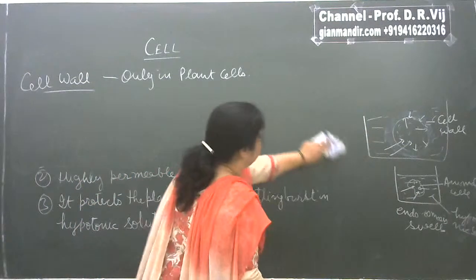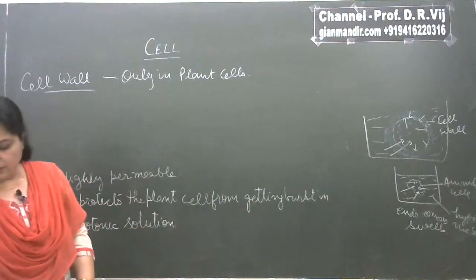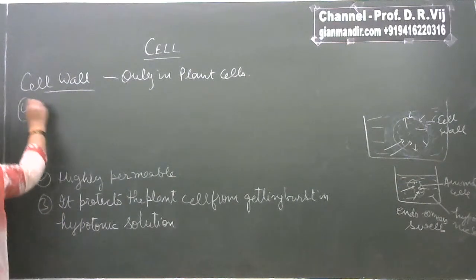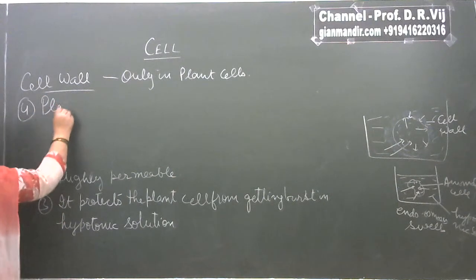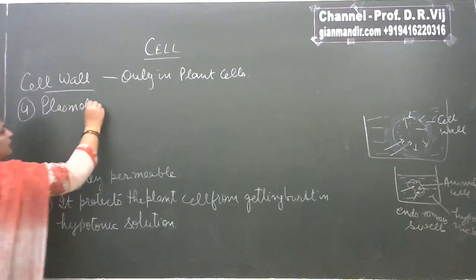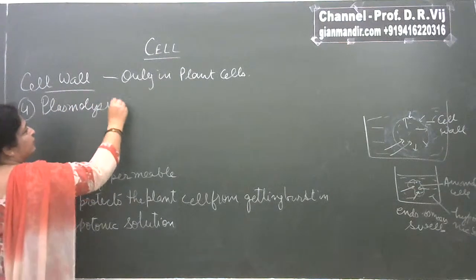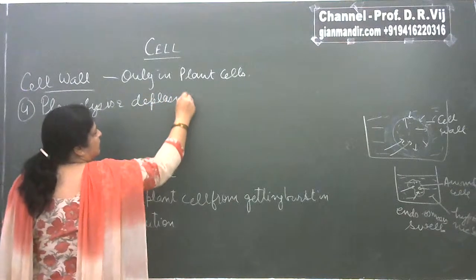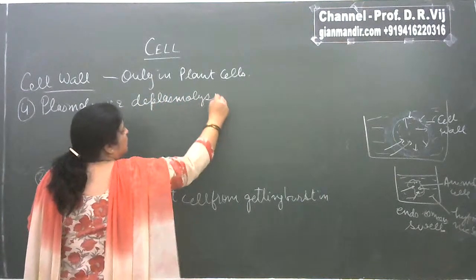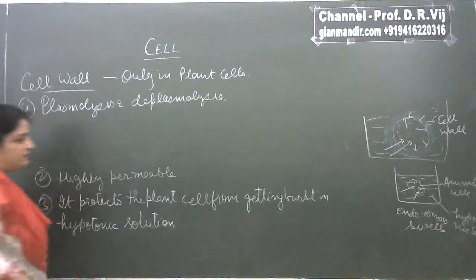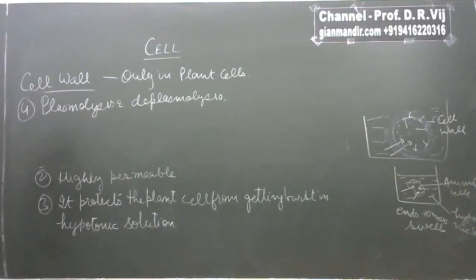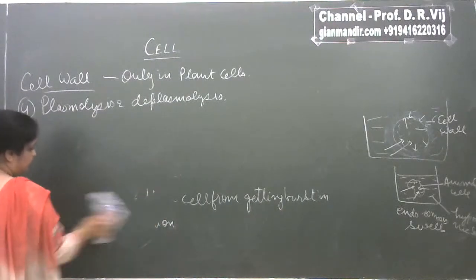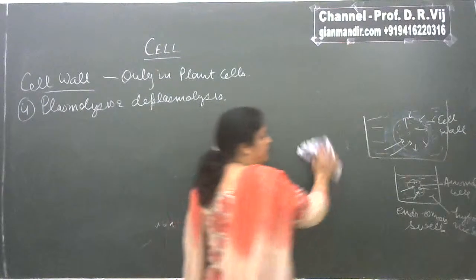Another important function which a cell wall in the plant cell performs is there are the processes known as plasmolysis and deplasmolysis. Again, in order to understand the process of plasmolysis or deplasmolysis, let's consider a plant cell.